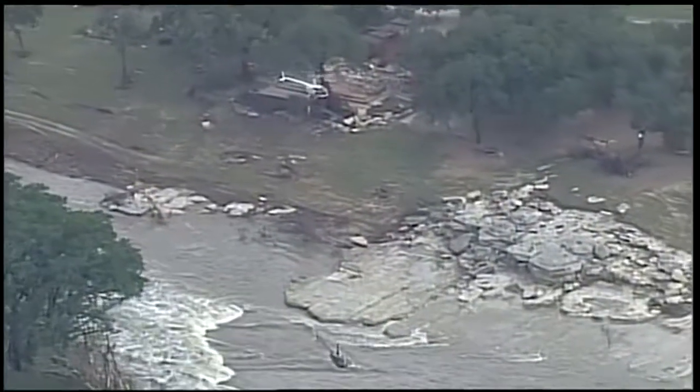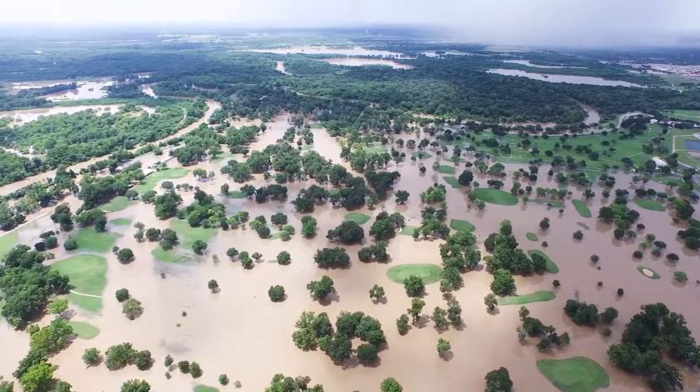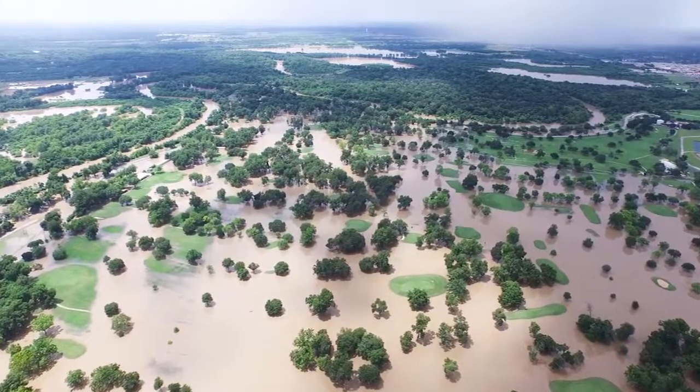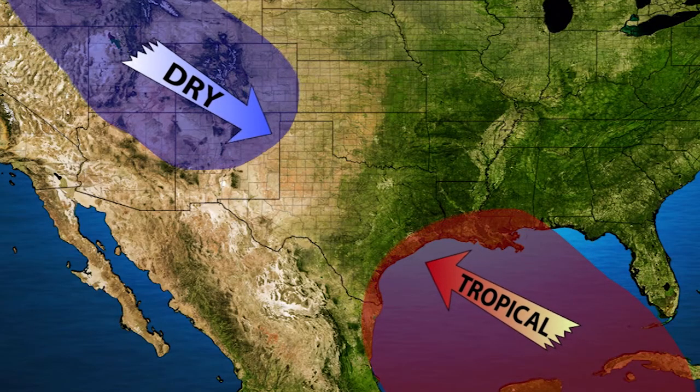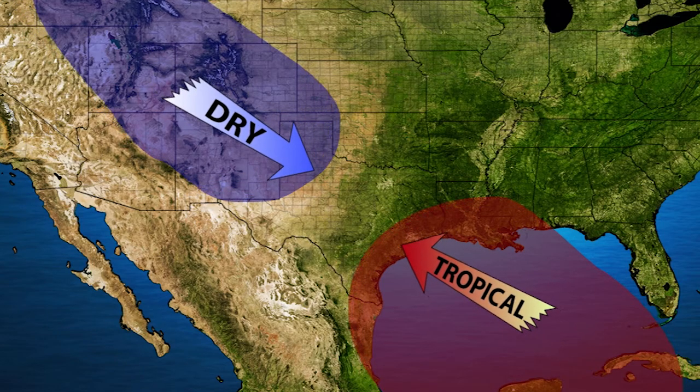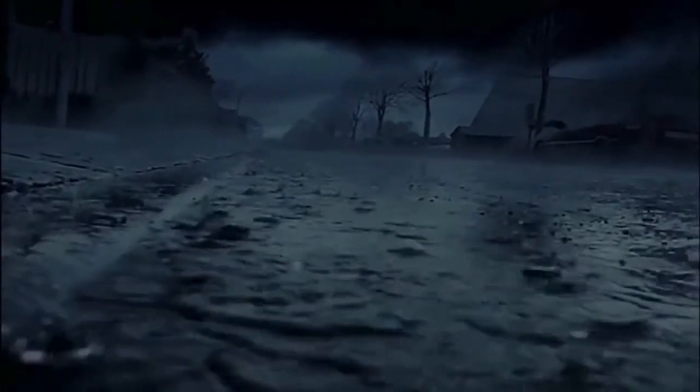The climatic pattern in Texas swings from drought to flood to drought and back to flood. The state receives much of its annual rainfall in bursts with just a few large storms. Dry air moves in from the Rocky Mountains and collides with the warm tropical air moving in from the Gulf of Mexico. The result?